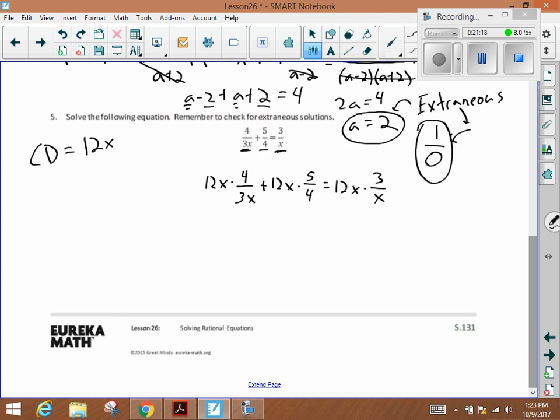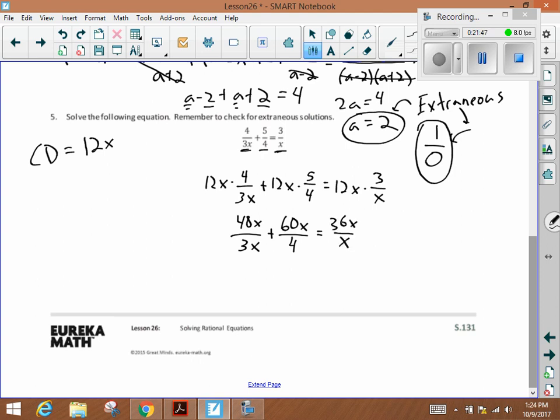All right, and let's see what happens. 12 times 4 is 48, x over 3x. And occasionally, sometimes I'll take the extra steps, sometimes not. I'm going to go ahead and just multiply these out. We have 3 terms, so I don't want it to get too messy. And here we wind up with 36 x over x.